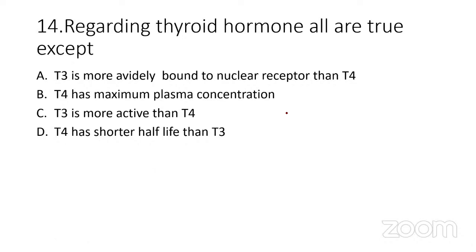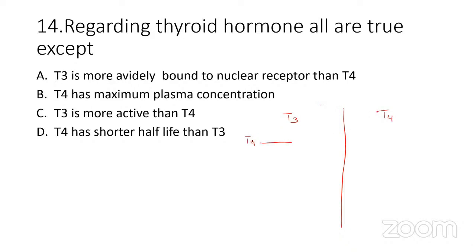These are the two thyroid hormones from the thyroid, triiodothyronine (T3) and tetraiodothyronine (T4).